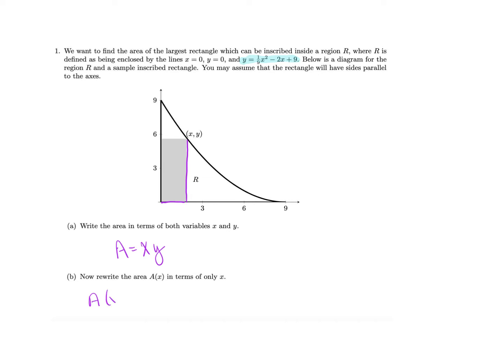So A of x equals x, but instead of y, I'm going to use the expression that y is equal to, because that's the formula for the curve. So it's x times (1/9 x squared minus 2x plus 9), and then I'll just distribute the x: 1/9 x cubed minus 2x squared plus 9x.